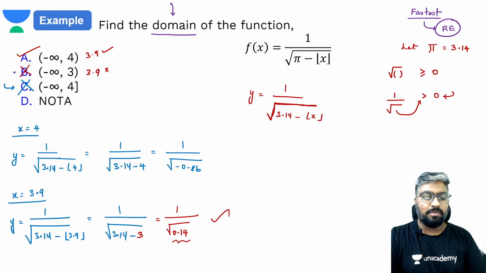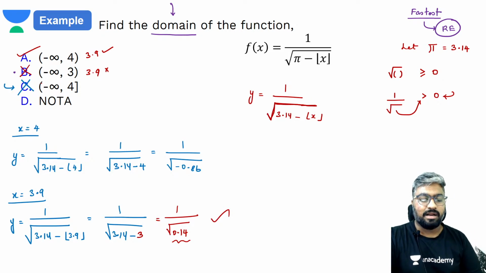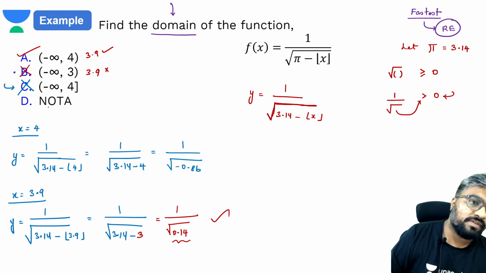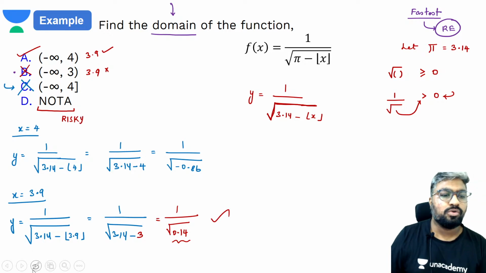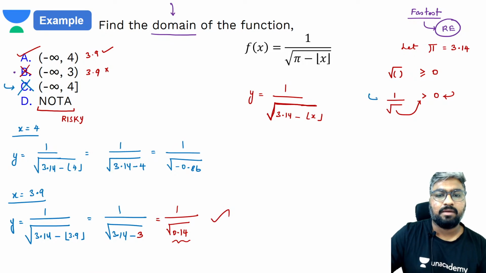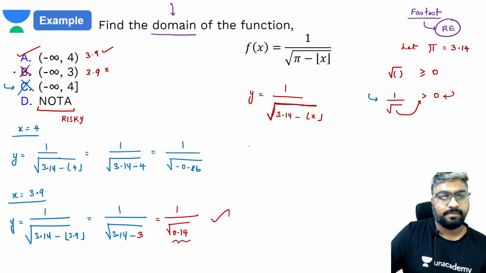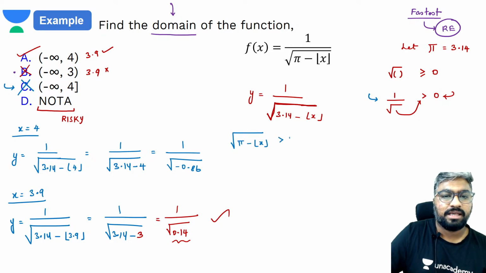But what is the problem? If we did it with reverse engineering, we would have none of the above, so it is risky. To overcome the risk, you will start playing with the inequality. The square root of pi minus the greatest integer function of x should be greater than 0.